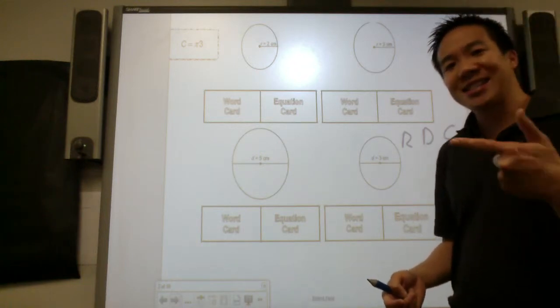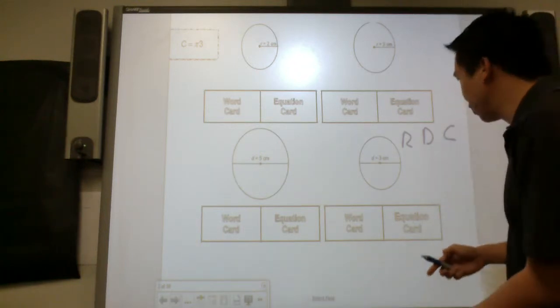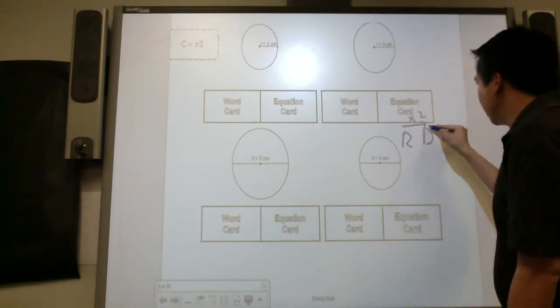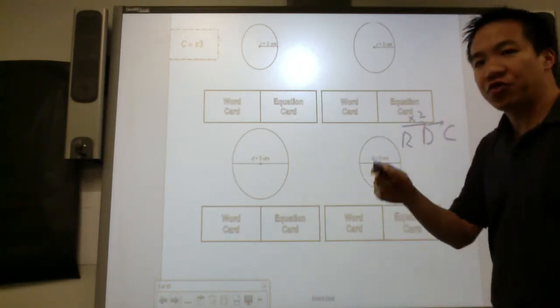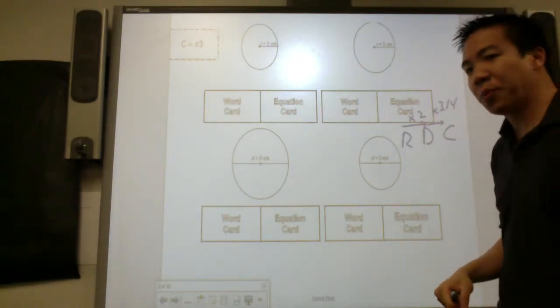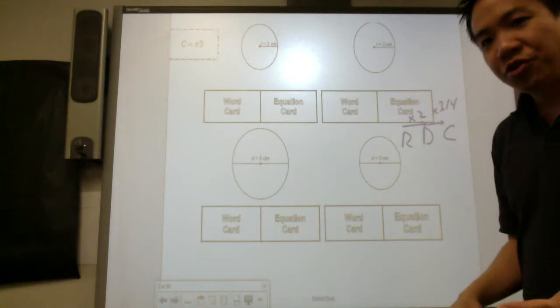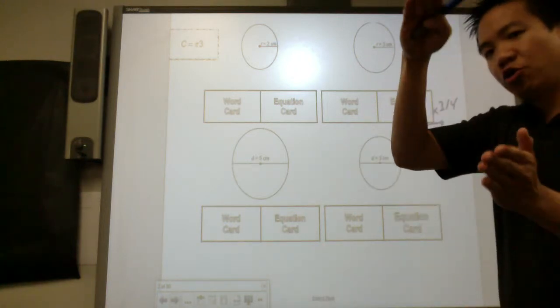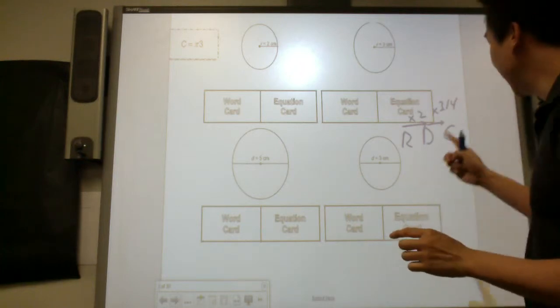R stands for radius, D stands for diameter, C stands for circumference. To turn a radius to a diameter, you double it. To find the circumference from a diameter, you multiply by 3.14 or 3, because remember, 3 diameters make a circumference.